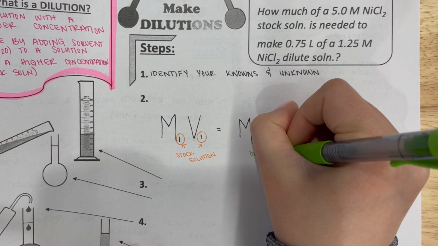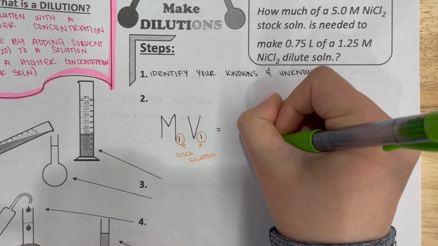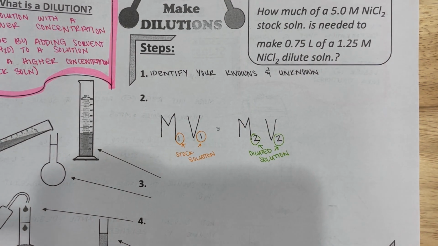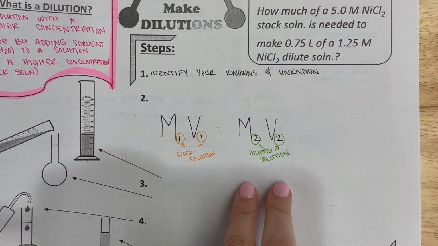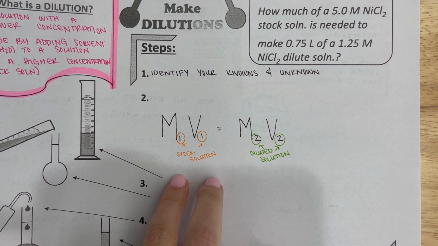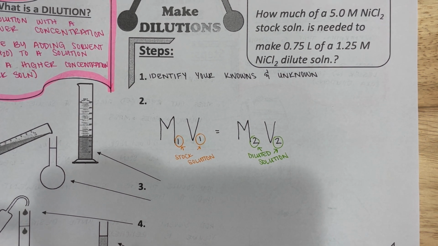It doesn't actually matter if your stock solution is first and your diluted solution second. The thing that's really important is that your two values for the diluted solution are multiplied together, and your two values for the stock solution are multiplied together. If you mix those up, you won't get the right answer.